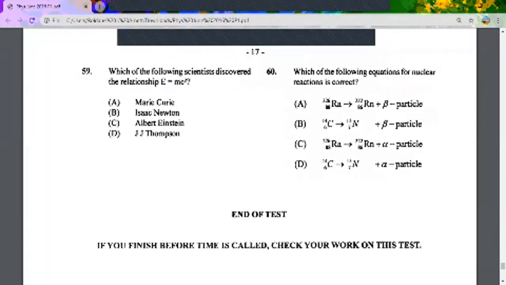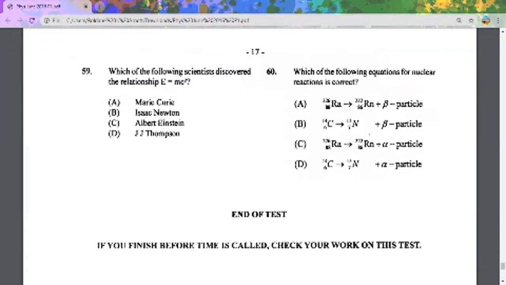So we have radium 226, and it decays and forms this isotope. It forms an alpha particle, which they say is a helium atom. So we should have an atomic mass number of 4, and then atomic number 2.